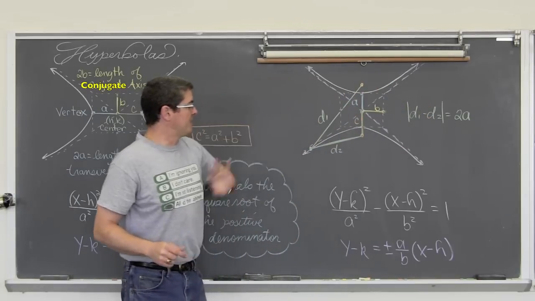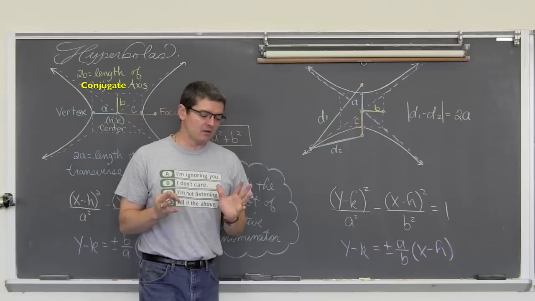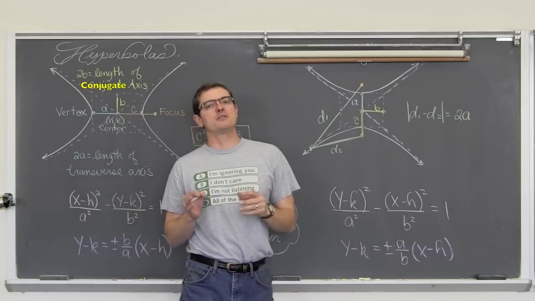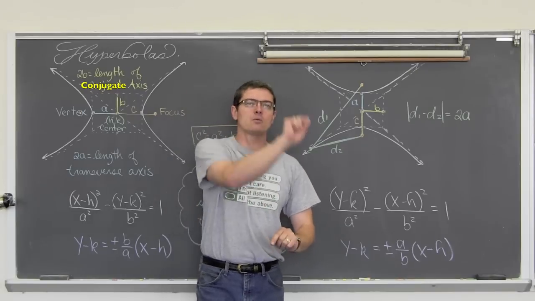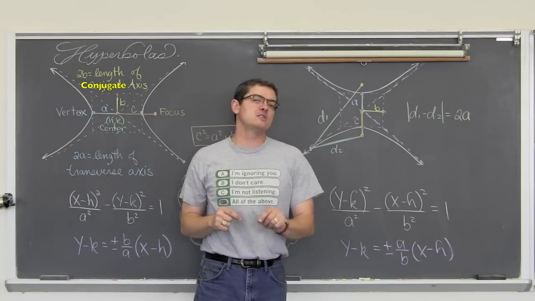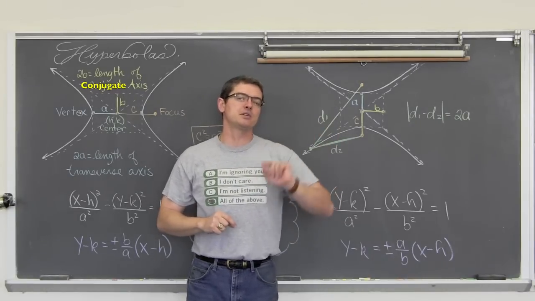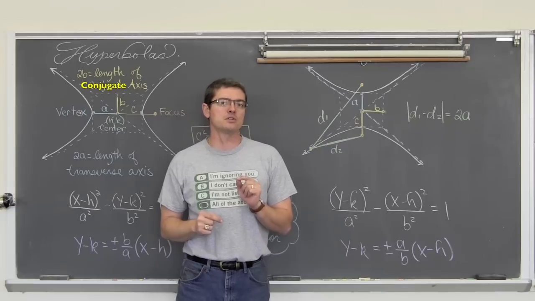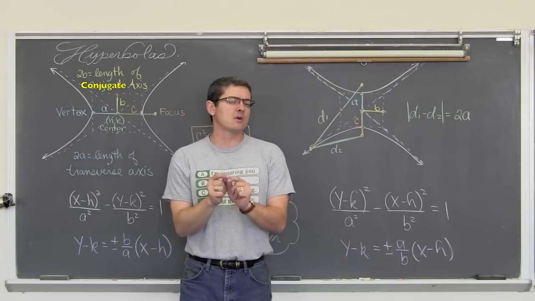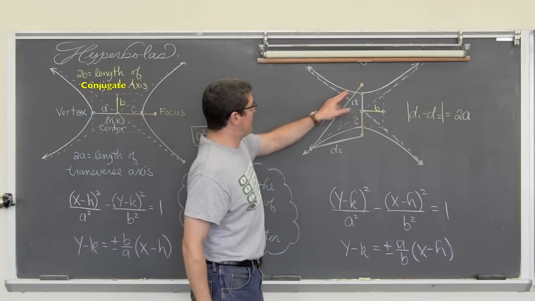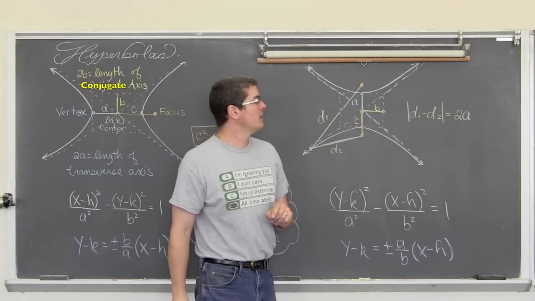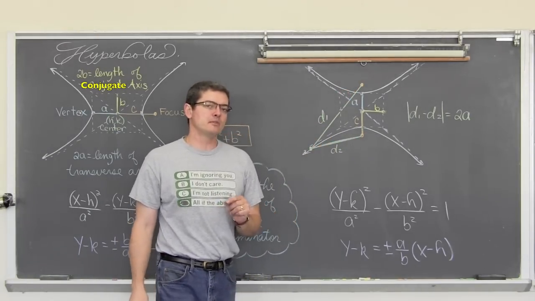And before I finish this video up, I told you about, in an ellipse, if you want to draw a perfect ellipse, you take a couple of tacks, a loose piece of string, pull that pencil tight, draw it around, boom, perfect ellipse. That's because d1 plus d2 is a constant, and it's equal to the length of the major axis in an ellipse, or 2a. Well, the focus points in a hyperbola work together to shape the graph as well.